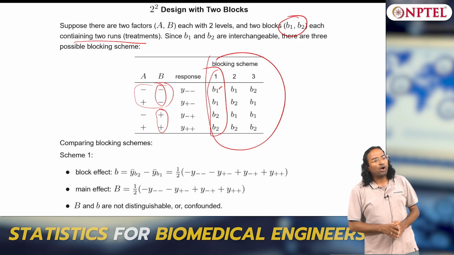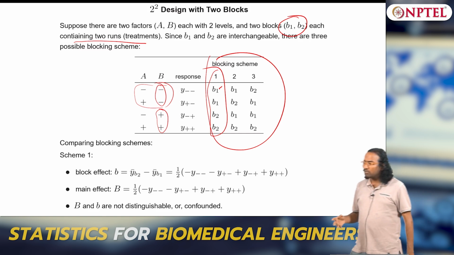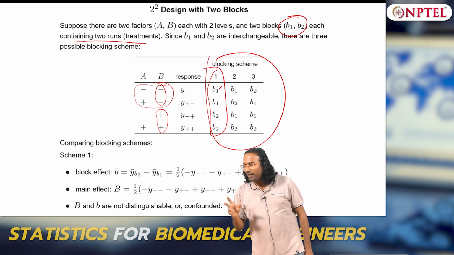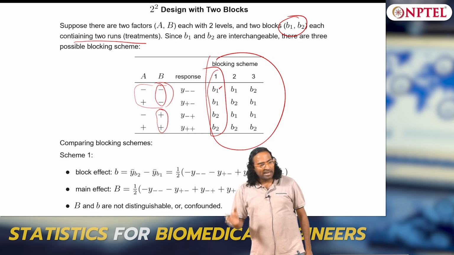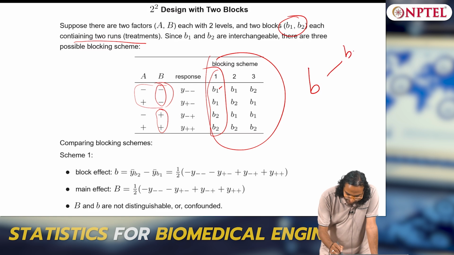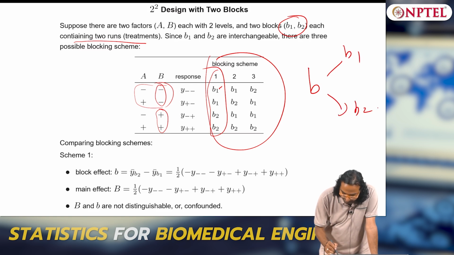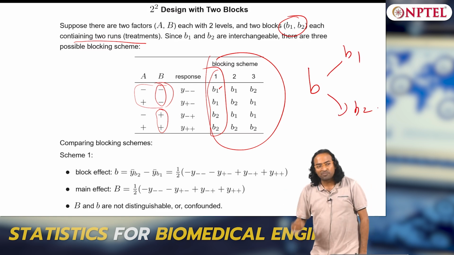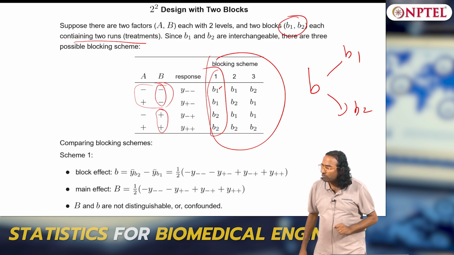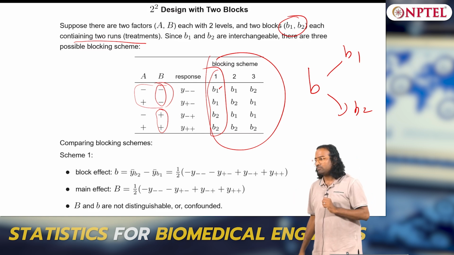So how am I going to block? The blocking will be only a partial block, it cannot be full, because ideally even if you take one factor B, let us call it B, and B1 and B2 at 2 levels, even then you will need how many experiments? 8 experiments. How many do we have? 4, right.